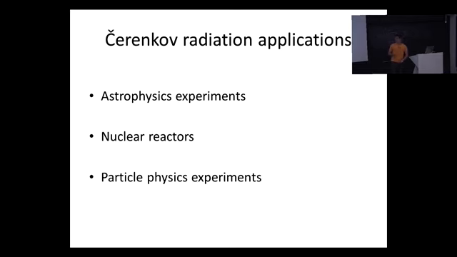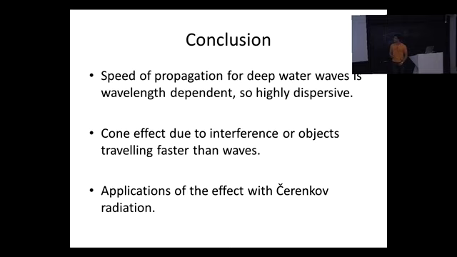they use this effect. So the conclusion is just that the speed of propagation for deep water waves is wavelength dependent, and this gives origin to the dispersion. This dispersion will give the origin to that V shape on the water that we see with the ducks and boats and that kind of thing.